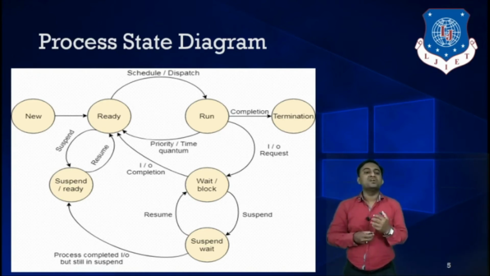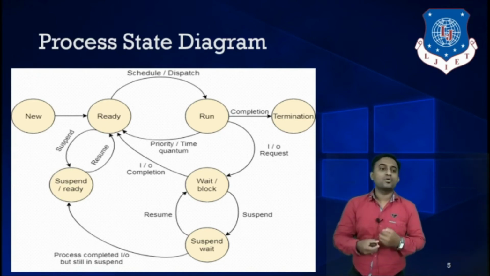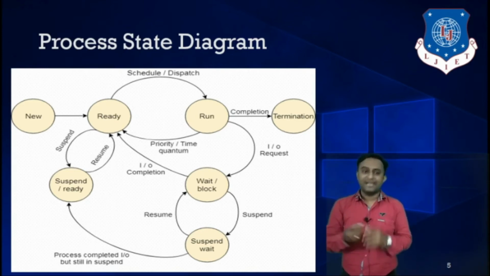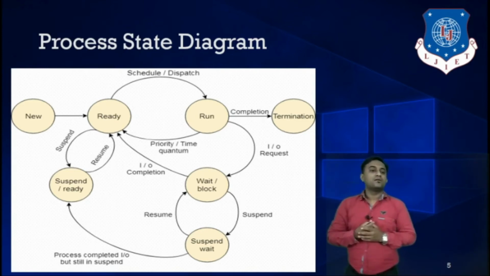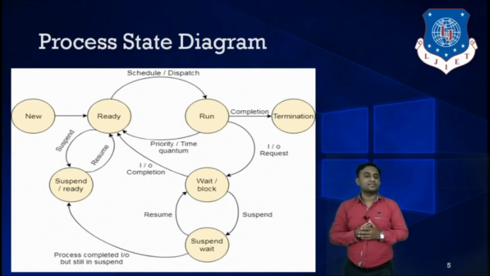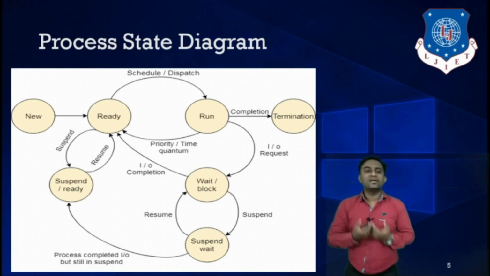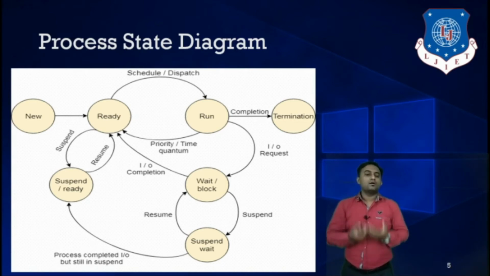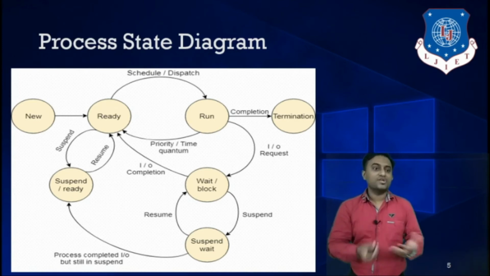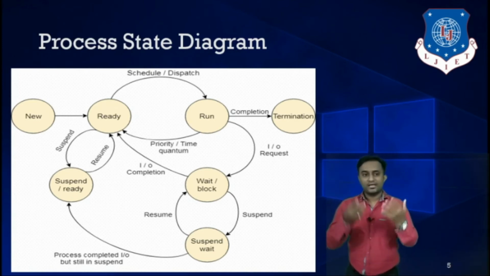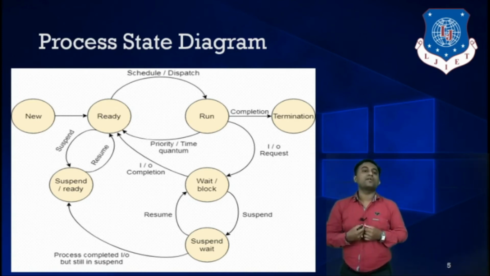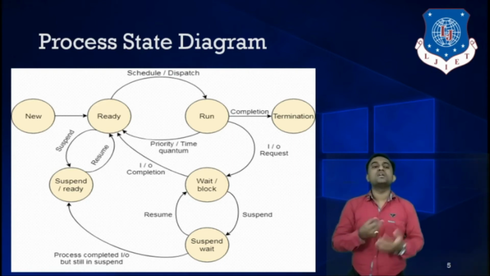Whenever we are talking about multi-programming with preemption, we can say that the transition from running state to ready state represents multi-programming. Why is it called multi-programming? Because in the ready queue there are a number of processes, according to the capacity of the main memory, that are ready for execution.